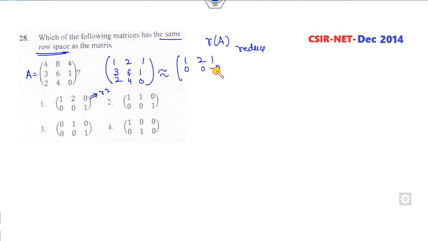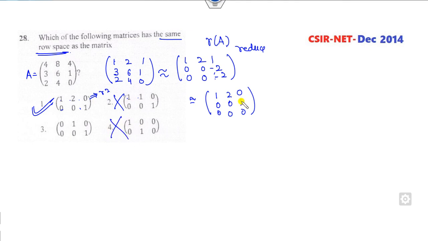Multiply by 3, 0, minus 2. Then multiply by 2, 0, 0, minus 2. Then I can make this value 1 and this value 0, 1, 0. So the rank is 2. The option 1, 2, 0, 0, 0, 1 is satisfied; 1, 1, 0 is not satisfied; 1, 0, 0 is not satisfied because of this 2. So the right answer is only the first option.